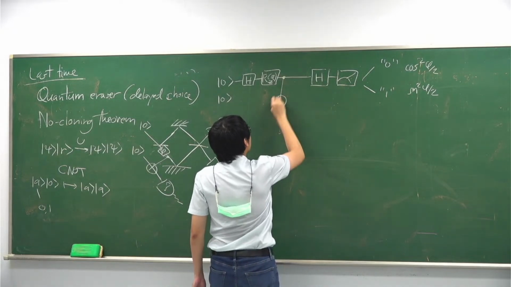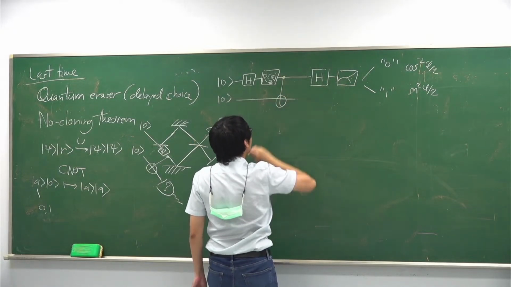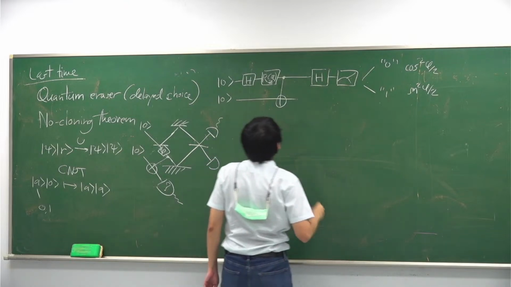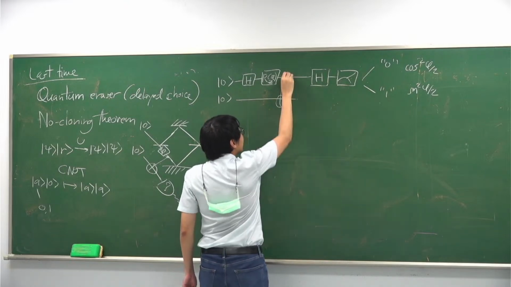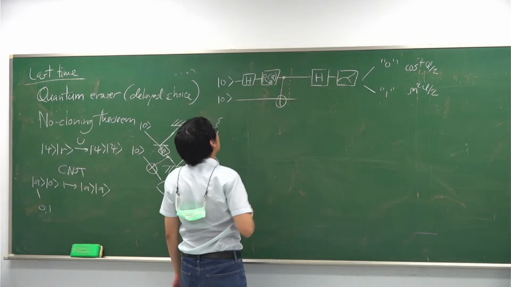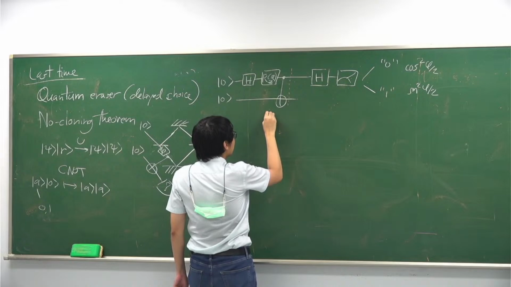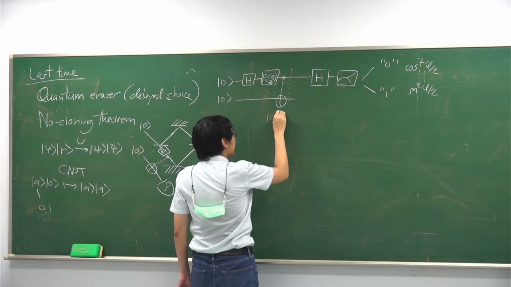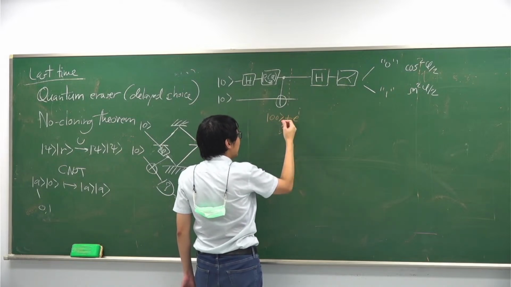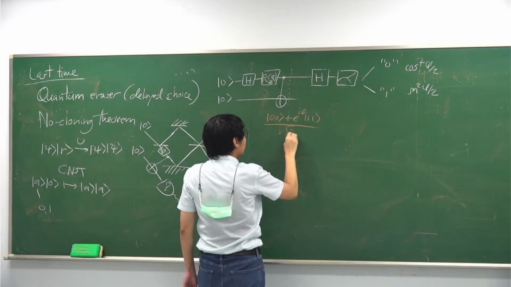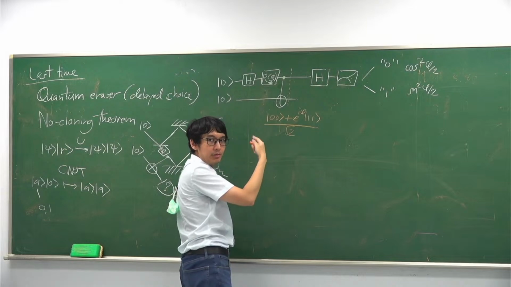So here this corresponds to making a CNOT, right? And then the state at this point would be this kind of state, up to a global phase, right? But the point is the relative phase is phi.